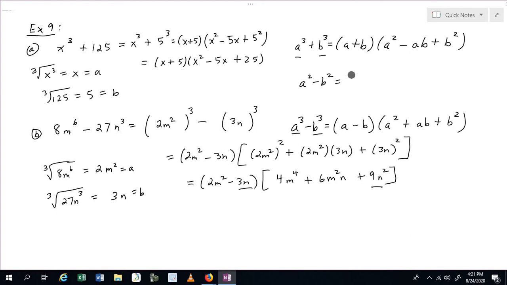The 3 cases you need to look for from this section are the difference of squares, which is a binomial, 2 terms. The sum of cubes, which is a binomial, 2 terms. And then the difference of cubes, which is also a binomial. So we have 3 special cases for factoring these binomials.